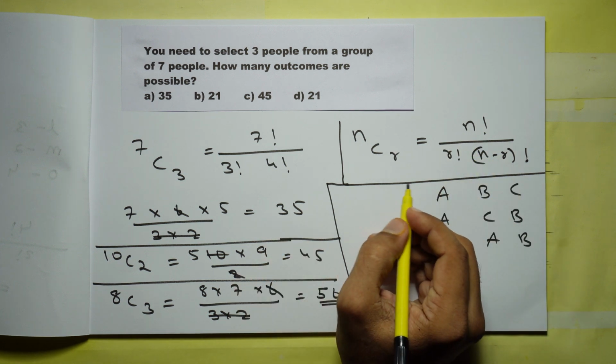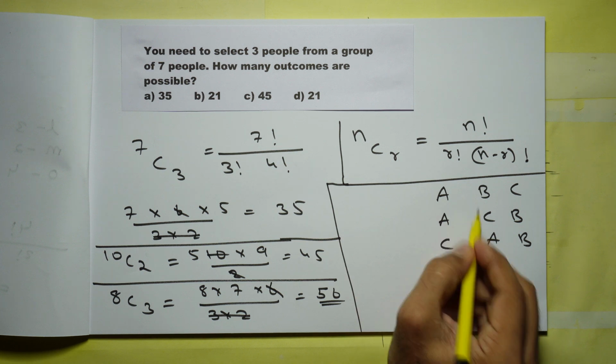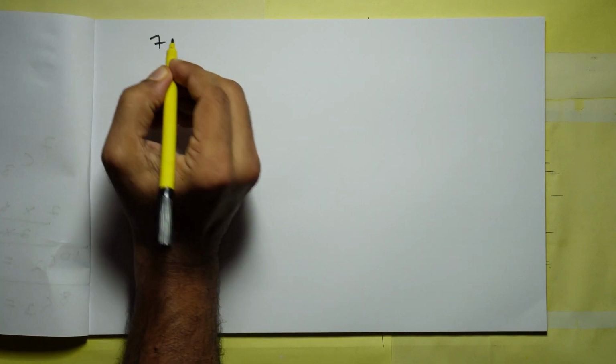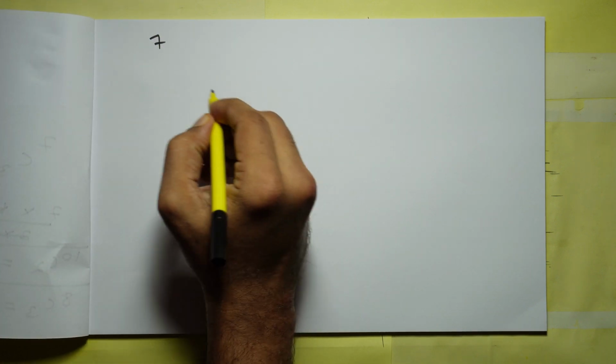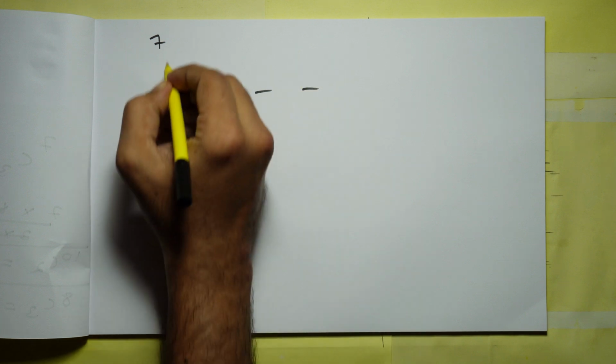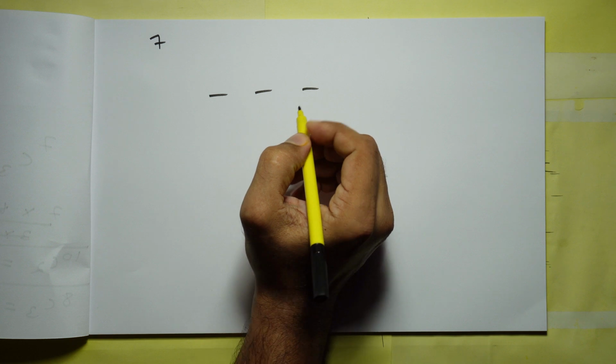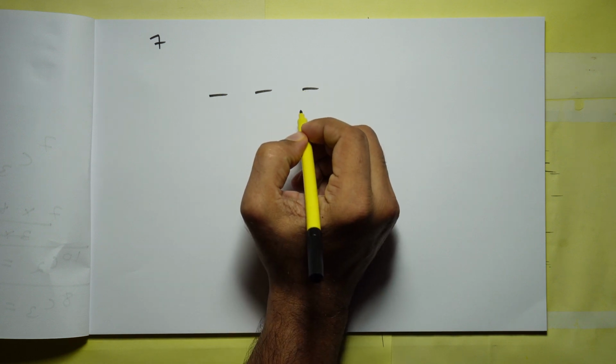Now let us just look at some situations where you cannot apply the combinations formula. For example, 7 people are there and 3 chairs are there. So 3 people are to be selected and they are to be seated on these 3 chairs. So how many seating arrangements are there?